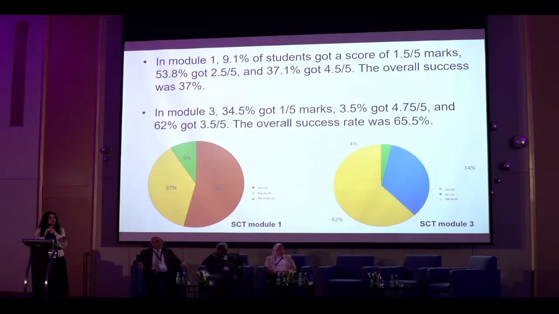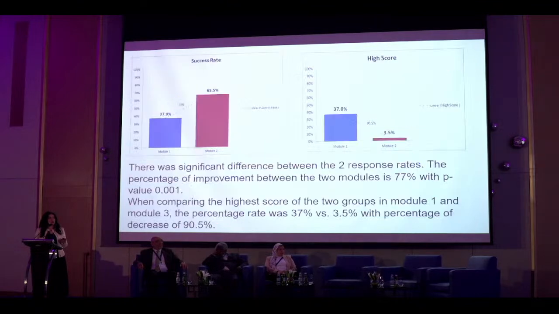This is an example of a script concordance test introduced to the students on Google Form after the TBL session, and these are the responses of the students. As a summary, this is the comparison between the success rate in Module 1 and Module 3 and the high score.